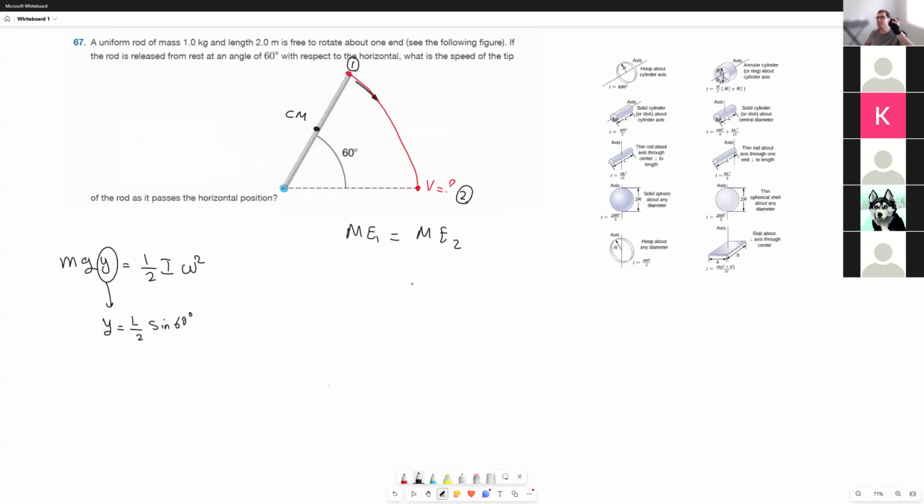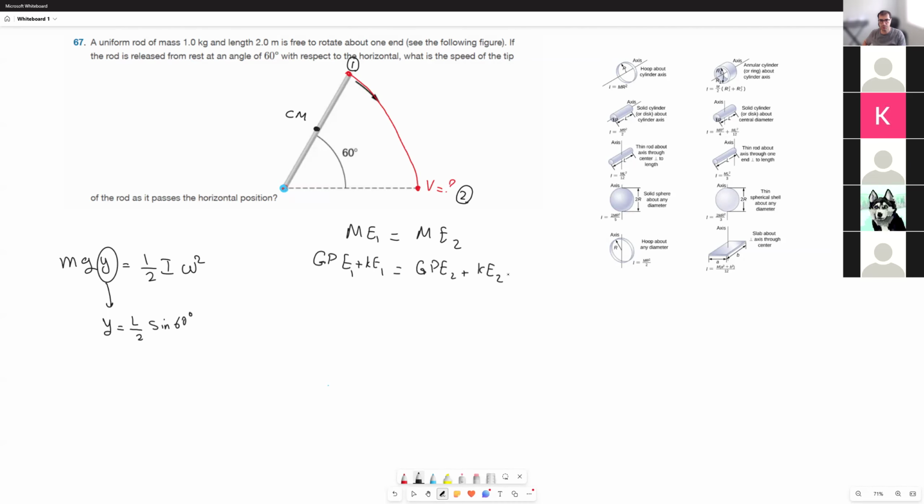That point represents the whole rod. If you want to write down for one point, that point should be the center of mass, which represents the whole rod. There is no spring, so there is no elastic potential energy, plus kinetic energy. So energy 1 equals gravitational potential energy 2 plus kinetic energy 2.